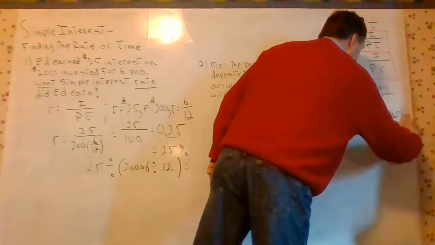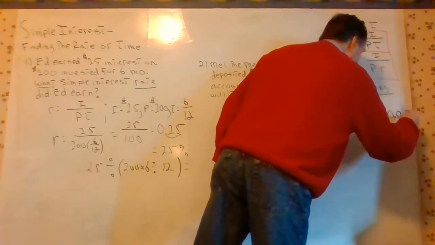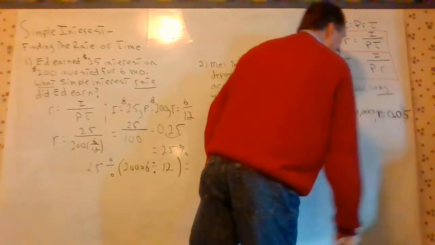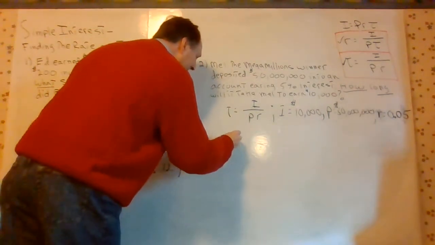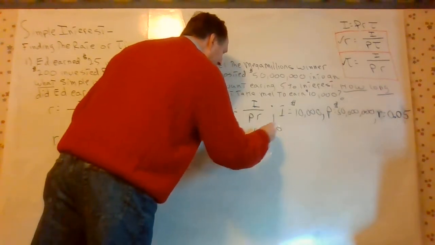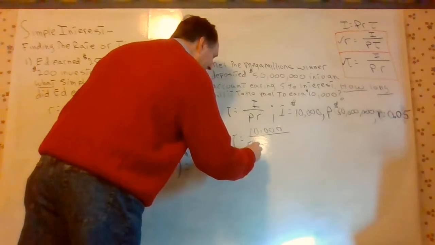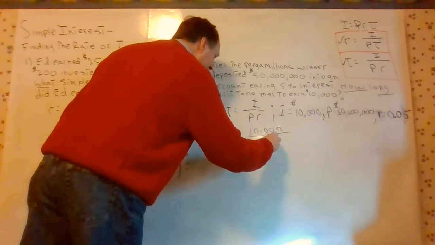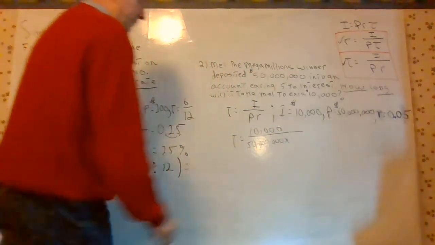R is 0.05. Now we substitute T equals I, which is 10,000, divided by 50 million, and that's times a rate, which is 0.05.